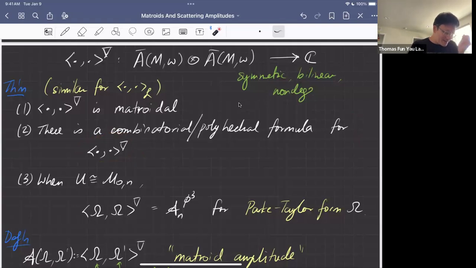To connect back to the physics, in the special case of the hyperplane arrangement complement M0n, you will get the rational function that I started with in the beginning. The rational function that's the sum over all cubic planar trees. You recover this where the a's will be equal to these s's from before.